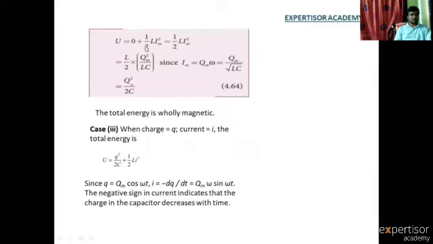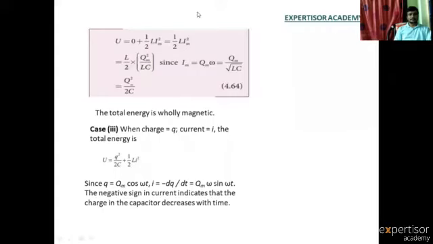U is equal to 0 plus half L Im square, where Im is the maximum current. In the second case, the electric field at the capacitor is 0. So finally, we get the relation U is equal to half L Im square.